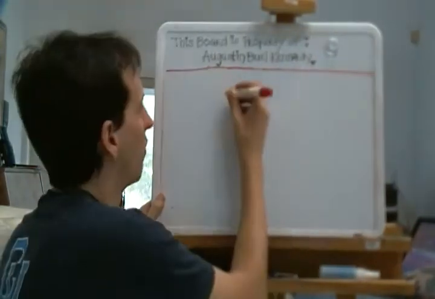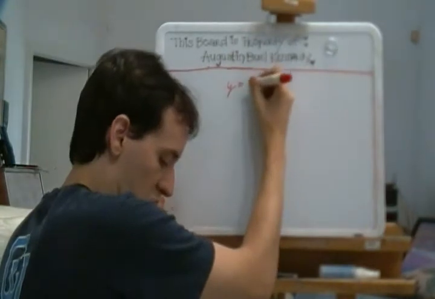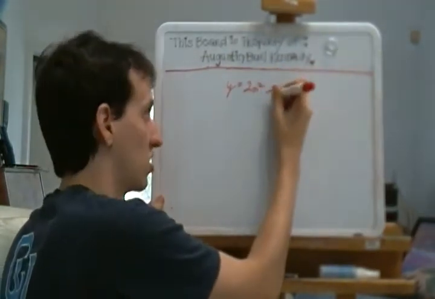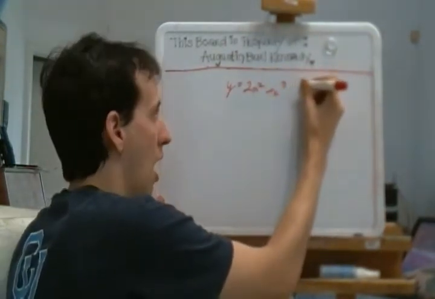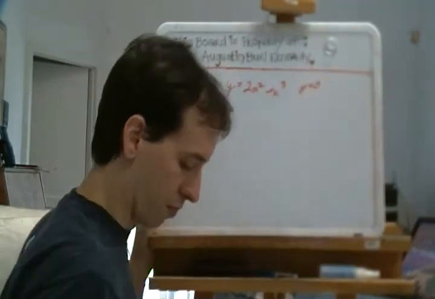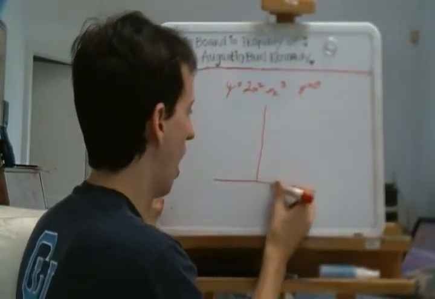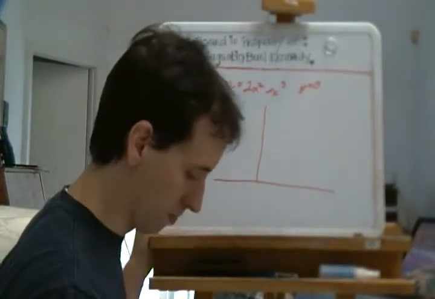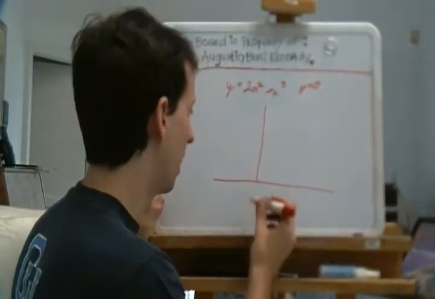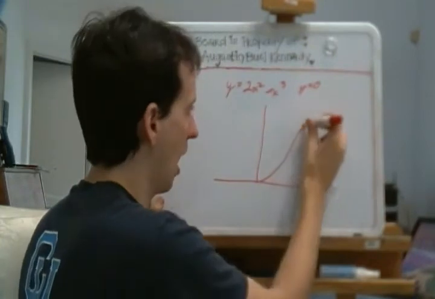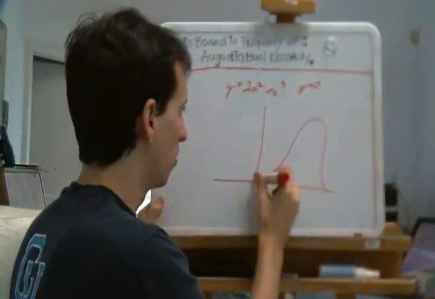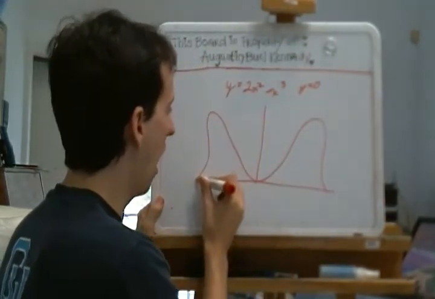Let's find the volume of this solid. y equals 2x squared minus x cubed, and y equals 0. And we're going to be flipping it around the y-axis. So, we're going to get y equals 2x squared minus x cubed, and we're going to flip it around y.